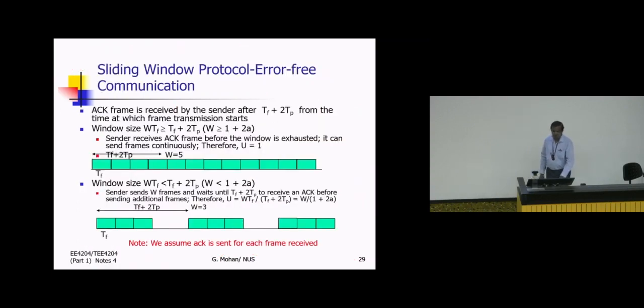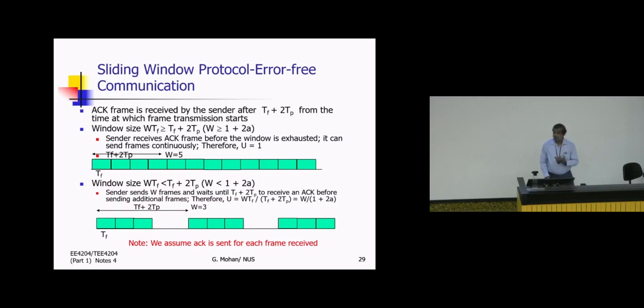Next, we are going to analyze the sliding window protocol. Sliding window analysis is slightly more complex compared to the previous one, but the result or the expression is also easy to remember. Now, in the case of sliding window, the sender is permitted to send up to W frames without waiting for an acknowledgement from the other side.